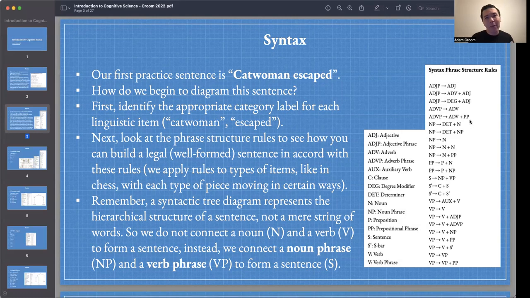On the other hand, if I value economy, like Occam's razor, if what I want is an economical theoretical framework, then the trade-off is that I may not be able to be as explicit. And we'll see this in the examples today.